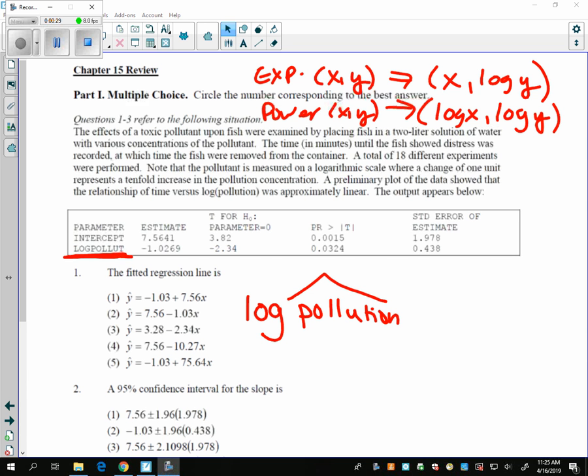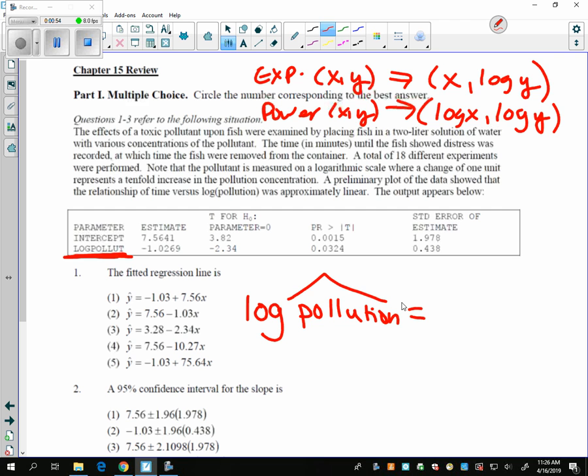All right, so notice in the computer output, it says log pollution. Which means if they take the log of the y, that means it's an exponential model, which we talked about yesterday. Even though these are wrong, they should have the log in front of the y hat like that. But you would say log pollution, and what's your slope?